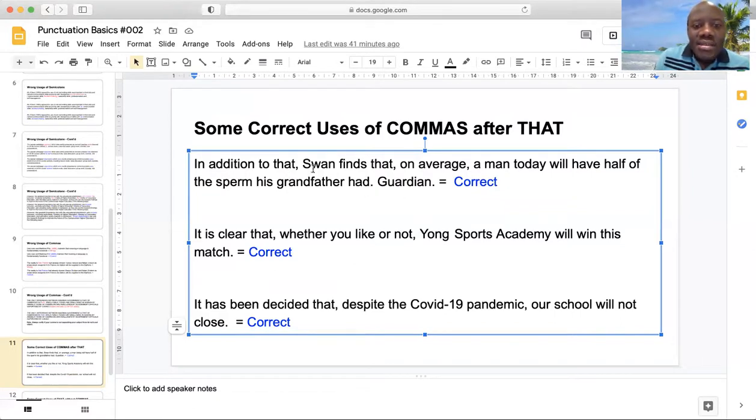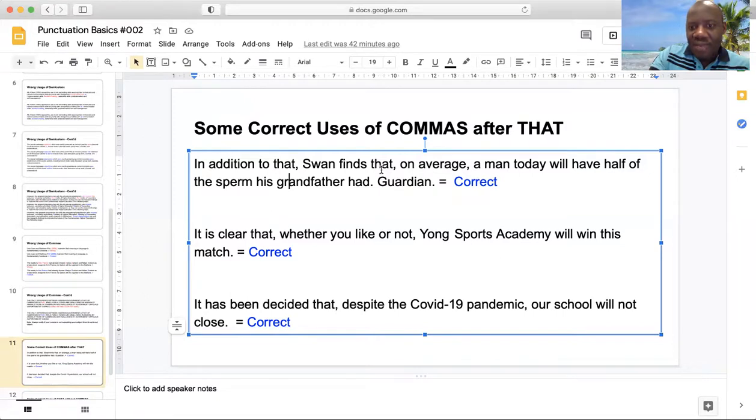So this comma here, you can remove all of this stuff. You can remove "Swan finds that" and even remove "on average", and then remove this comma, and the sentence will read as "In addition to that, a man today will have half of the sperm his grandfather had." You will still maintain this comma because you are adding something. This is like "in addition," comma. So you can also say "in addition to that," comma, okay? But we had to add "Swan finds that" because this is the name of the author or the person who carried out the experiment and brought out the findings.